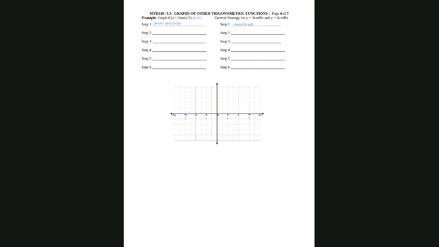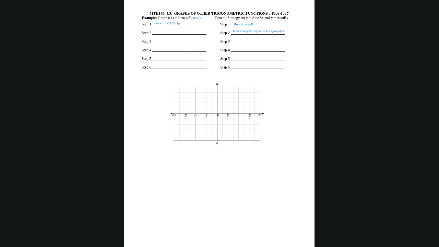Next, we want to find two neighboring vertical asymptotes. So in general, for tangent, we will do b times x equals negative pi over 2, and b times x equals pi over 2.